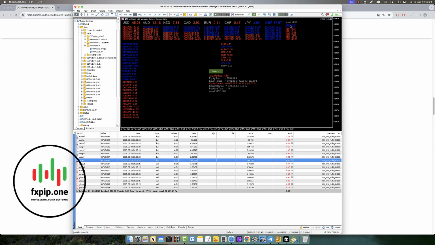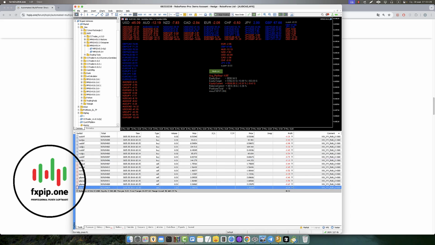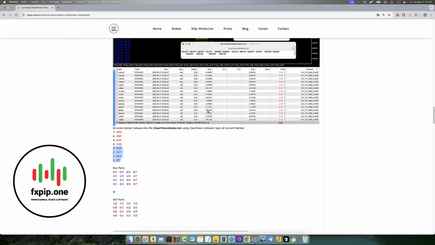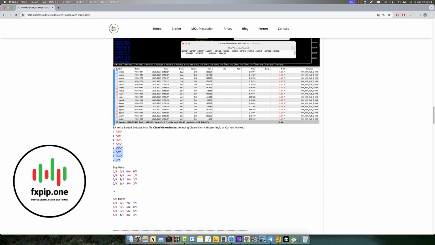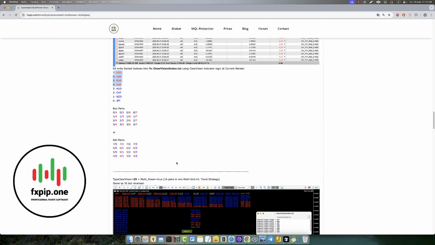USD GBP does not exist. This is why we're doing GBP USD in sell, vice versa. But we buy USD, because USD is in buy to the GBP in sell, USD in buy in this sell order. And this is how it works. So we buy 4 and sell 4 to each other. So in total we have 16 pairs in this strategy.